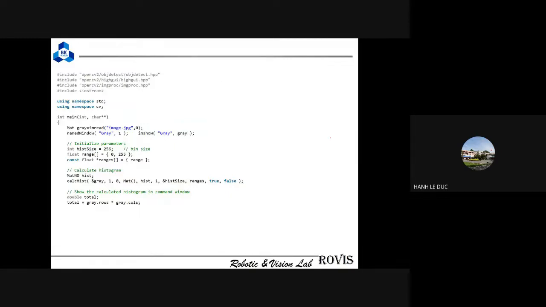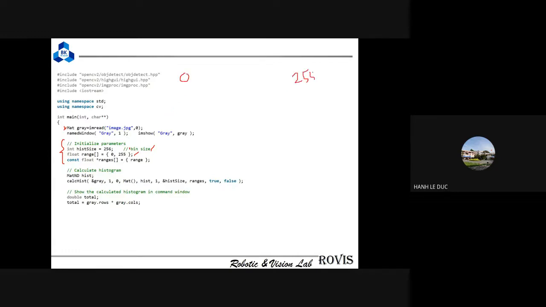Here we load an image, and then this is the parameter for the histogram. This is the bin size. This is the range. What does the bin size mean? That means I use maximum value from 0 to 255.